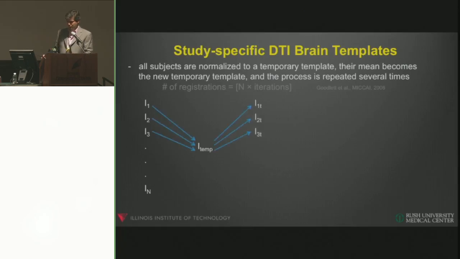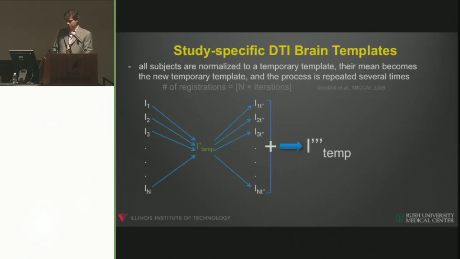So you register all of them to this temporary template, you generate new data sets, you combine those, you get a new temporary template, you use that second time, you register everybody to that template, you combine those, you get a new temporary template, you use that for registration, you get another temporary template. And you keep doing this for several iterations.